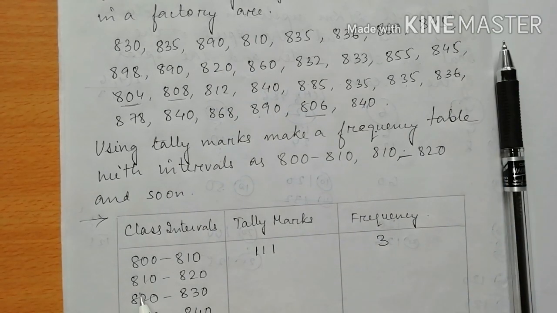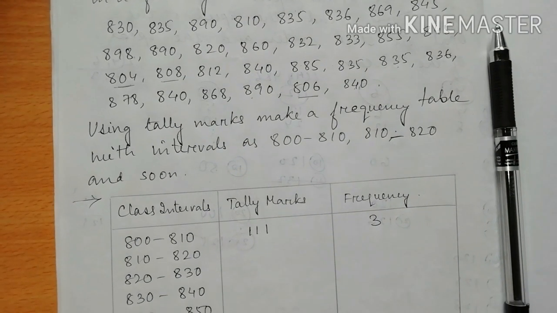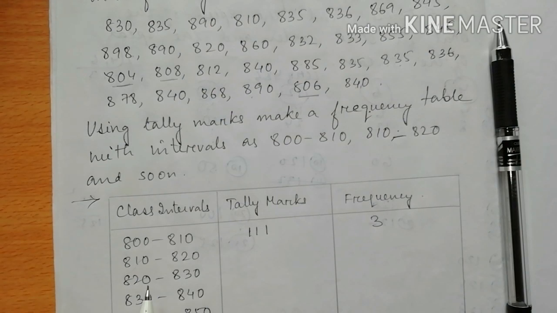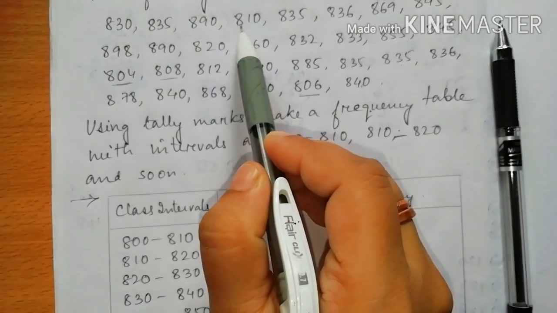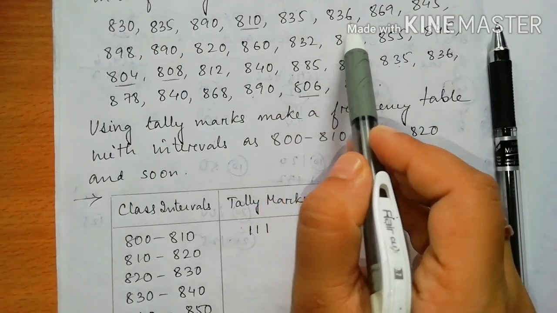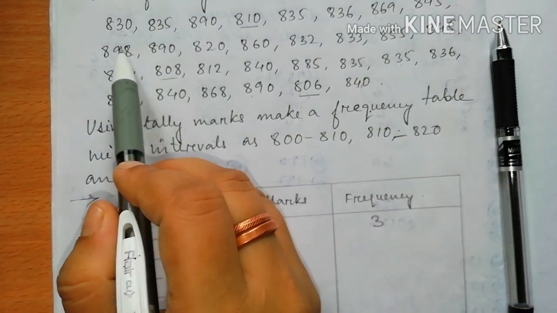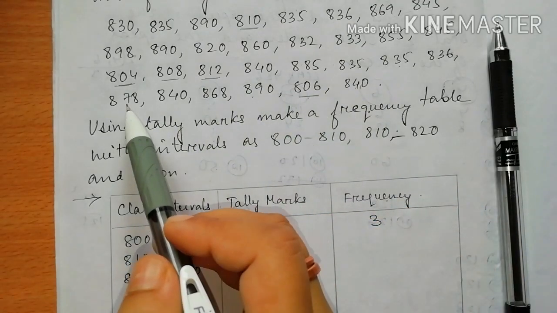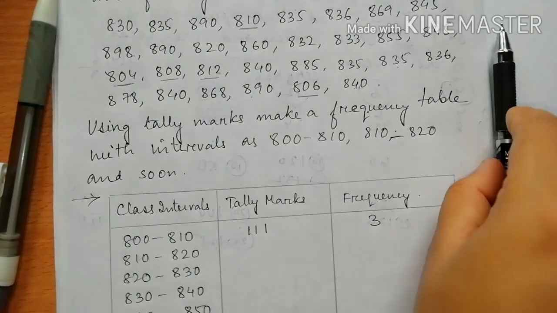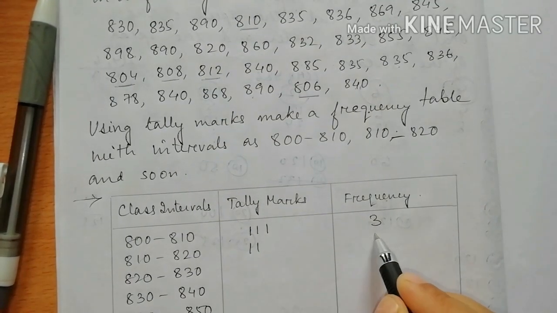Next, the numbers from 810 to 819. That means in this case the tens digit will be 1. We find 1, 2, so 2 numbers are there, and the frequency is 2.